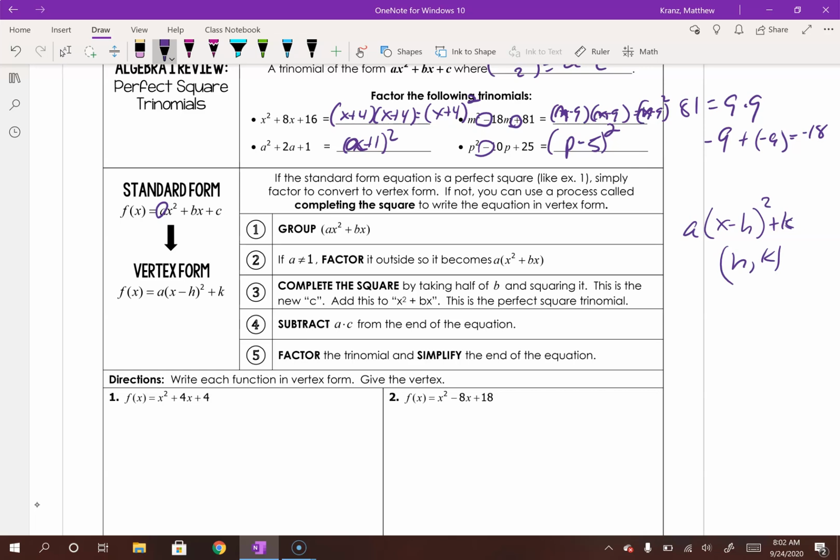So we take half of b and we square it, and then we add that to both sides. Write this down. Step 1: divide the b term by 2.